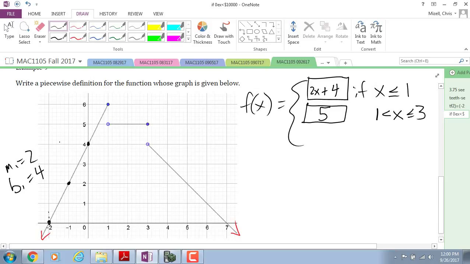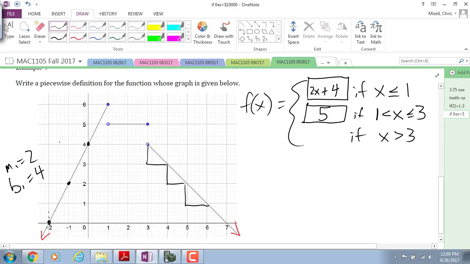The other one may take a little bit more work, or may not. It picks up with x is greater than 3. We've got the open circle there. So x is greater than 3. Can you tell the slope of this piece of a straight line by looking at it? 1 down, 1 to the right. 1 down, 1 to the right. 1 down, 1 to the right.